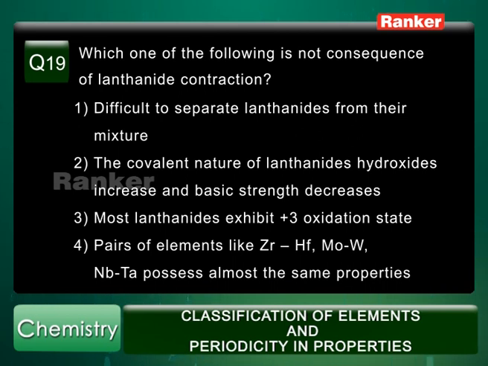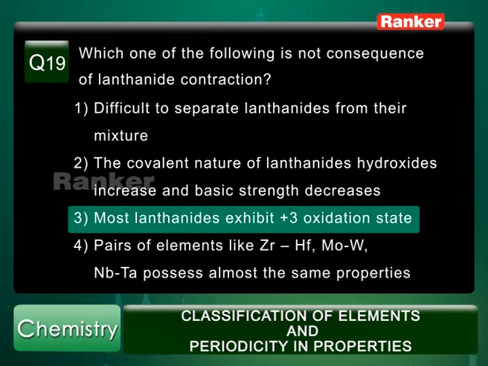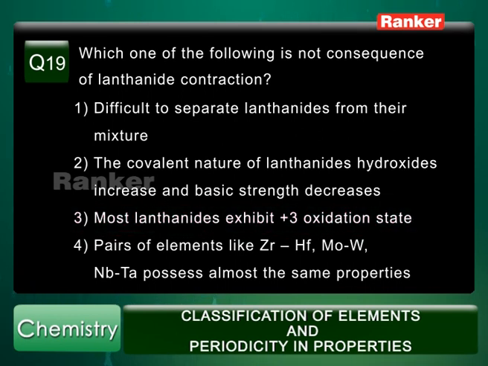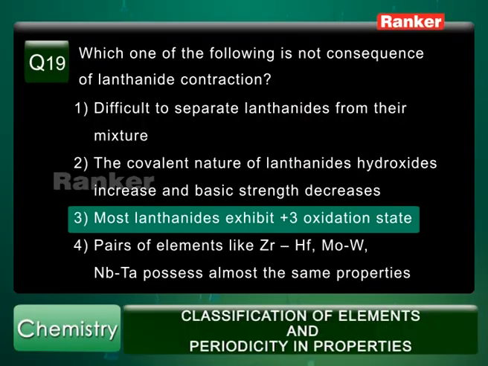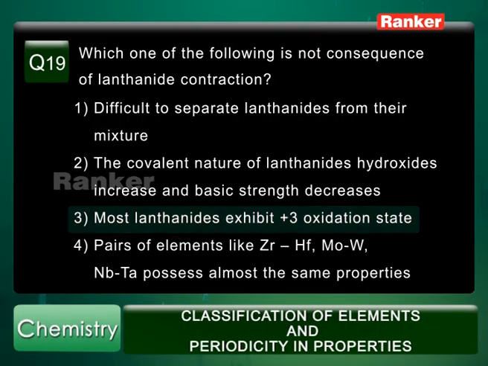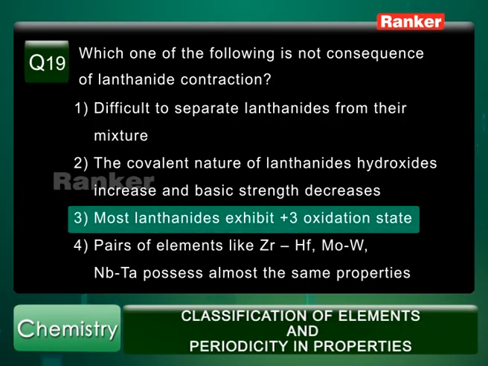Most lanthanides exhibit +3 oxidation state. Fourth option is pairs of elements like zirconium hafnium, molybdenum tungsten, niobium tantalum possess almost the same properties. So, the correct answer is third option. Their ability to exhibit +3 oxidation state has nothing to do with lanthanide contraction. So, the correct answer is third option.